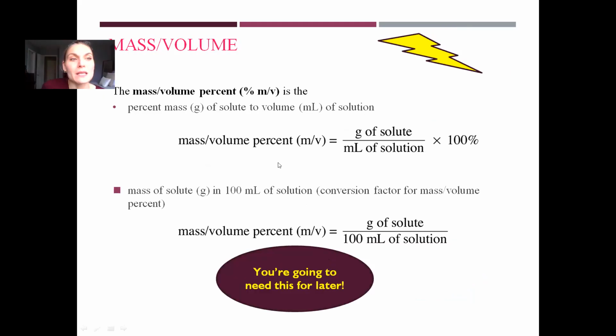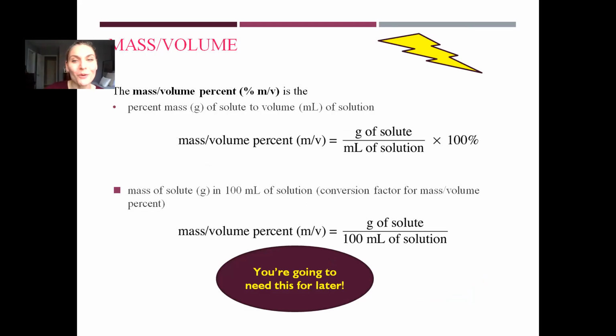And then we can sometimes see mass over volume percent. So we give you grams of the solute over the milliliters of your solution multiplied by 100%. And again, same thing, the mass of your solute in 100 milliliters of the solution would be your conversion factor.